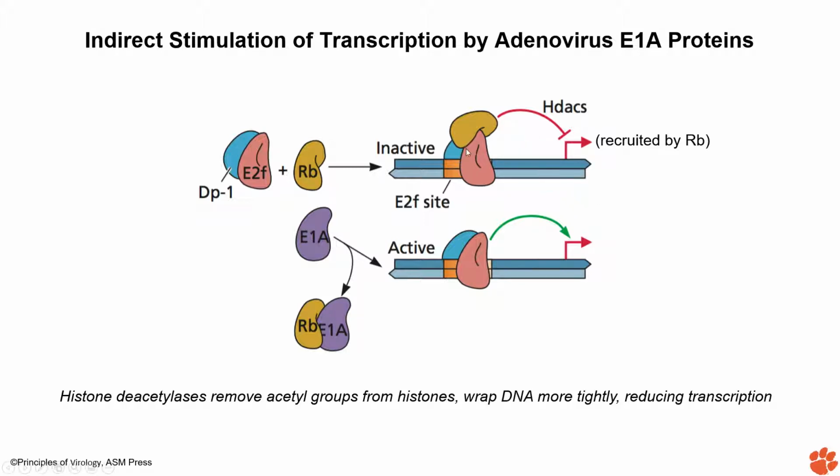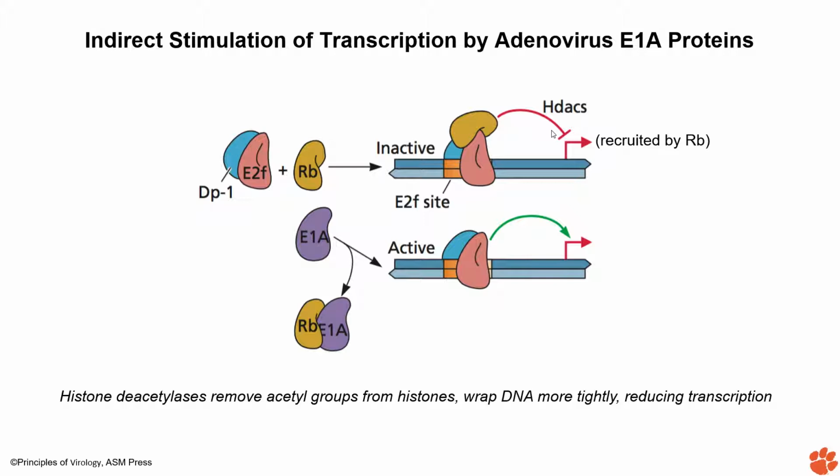So how does this transcription basically work? RB doesn't directly influence the transcriptional regulation, but it is a little bit of an indirect function. RB is recruited by this E2F, DP1, and when RB is in there, it recruits these HDACs, which are the histone deacetylases. Now again, remember that we talked about the histone, which makes the nucleosome octamers. And those are responsible for loosening up the DNA or tightening the DNA.